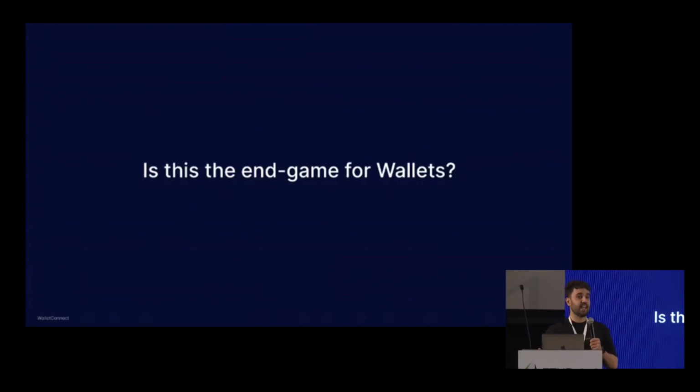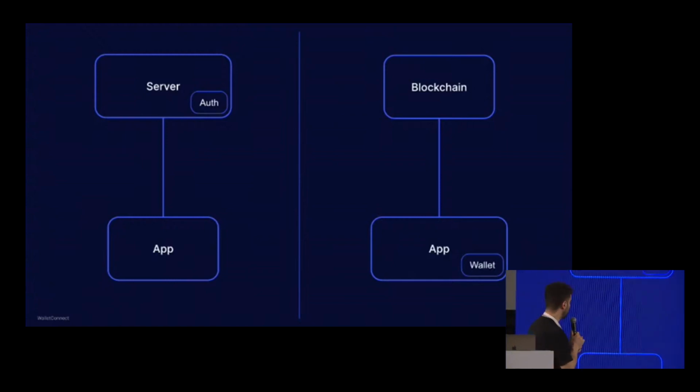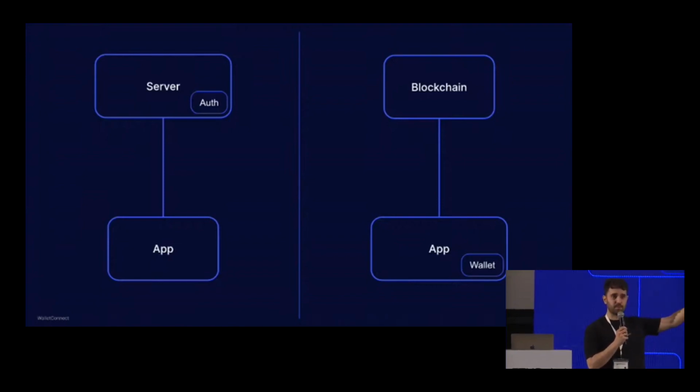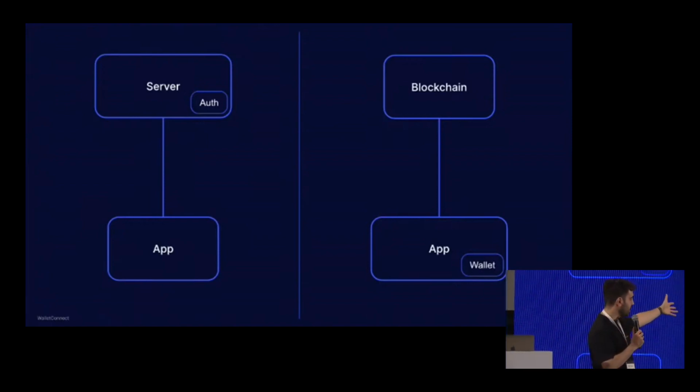So is this the end game for wallets? Did we complete our mission of having less clicks is more? I think to some extent, yes, because if you look at all of the things that we walked through on this path, we started with the differences between Web3 and Web2, and we had an application talk to a server where the authentication lived. But now, in a sense, we recreated the same thing, but flipped around, where the authentication does not live in the server side or in the blockchain in this case, but the wallet actually lives in the app.